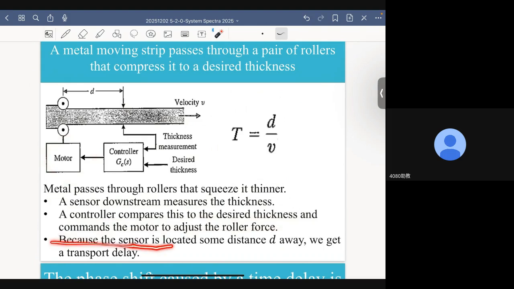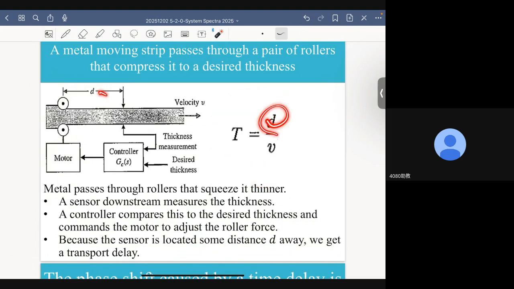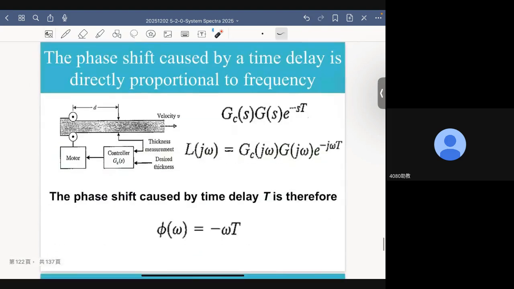Because the sensor is located at some distance d away from the roller, where the real action is, we get a transport delay. And that transport delay is, of course, this. D is the distance, V is the moving velocity of the metal strip, all right?